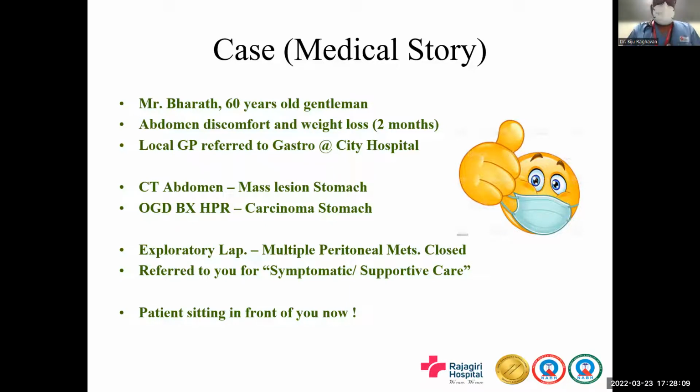Histopathology showed carcinoma stomach, and exploratory laparotomy showed multiple peritoneal metastases. So the abdomen was closed without any particular intervention, and the patient was referred to you for symptomatic care or best supportive care. And the patient is sitting in front of you. So this is the reference letter that you have received.